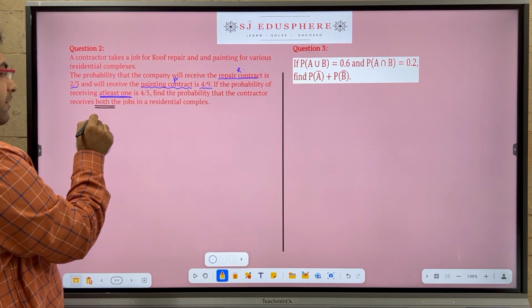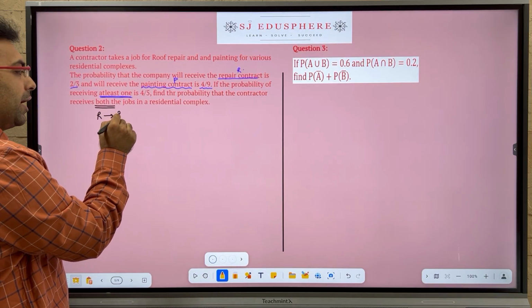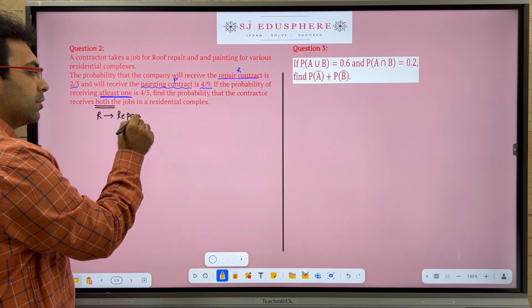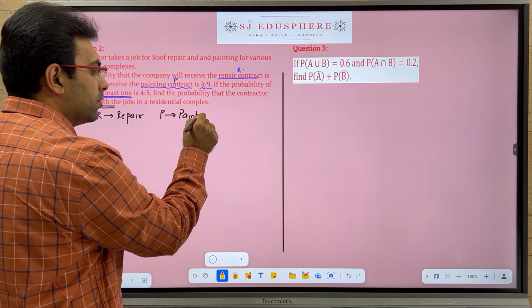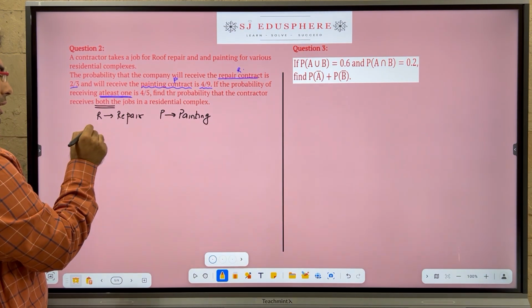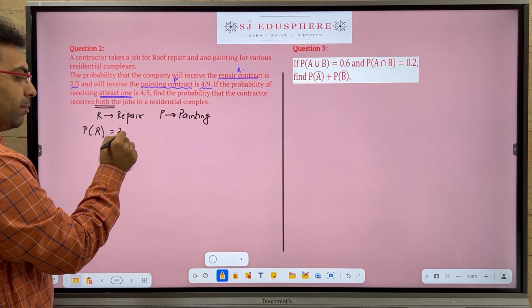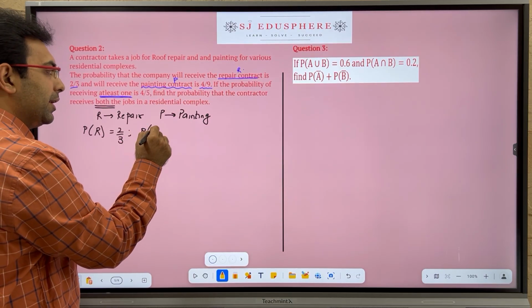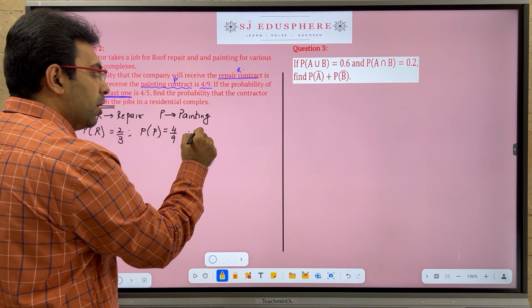So, I am defining R as an event of getting over here a repair contract, P over here as a painting contract. My data says probability of getting a repair contract is 2 by 3. Probability of a painting contract is 4 by 9.